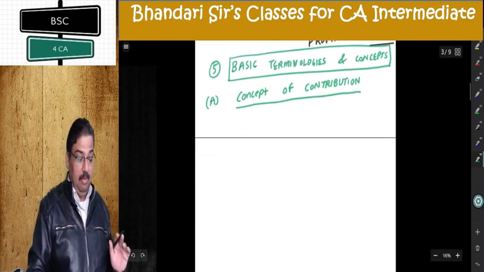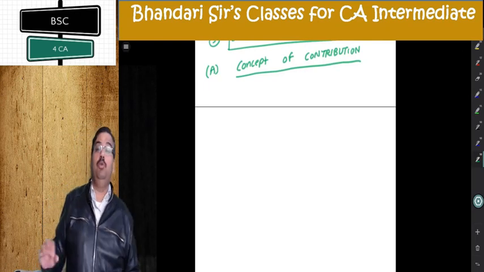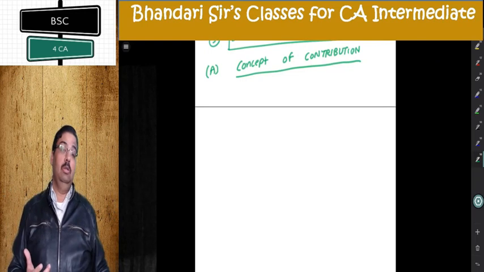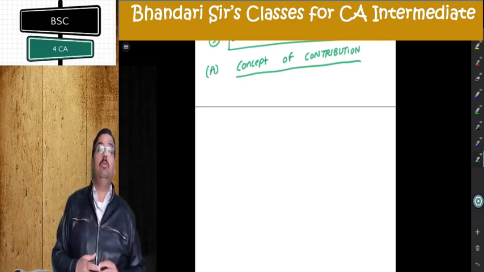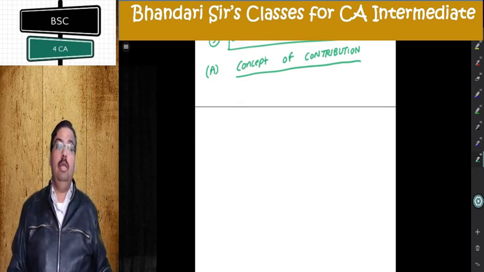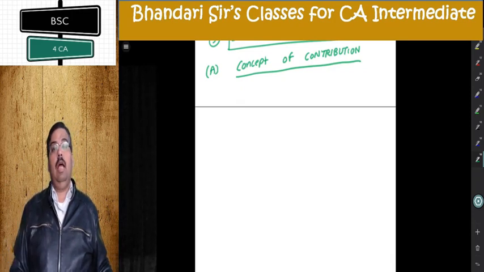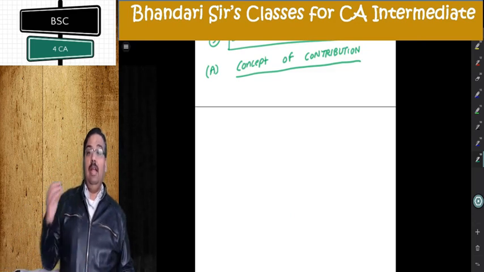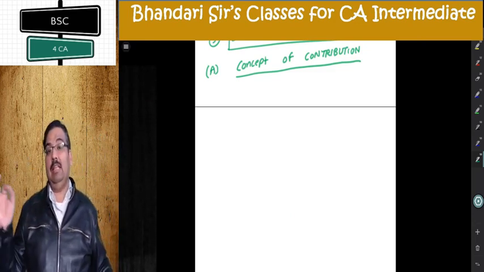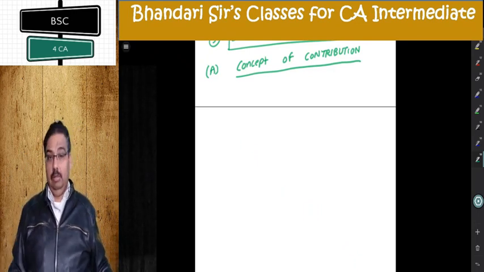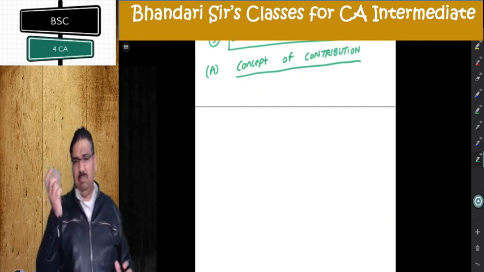So the first concept I am having is the concept of contribution. You have seen what contribution is: sale minus variable cost. Now it is called contribution. Try to understand why it is called contribution. If I am a businessman, I am selling a product at 100 rupees and my supplier is providing it to me at 70 rupees, with no other variable cost, I am having a gross margin of 30 rupees.